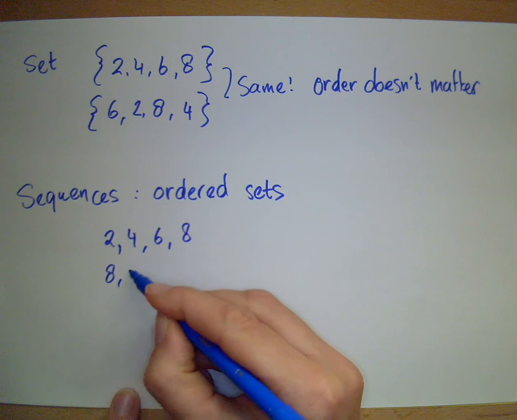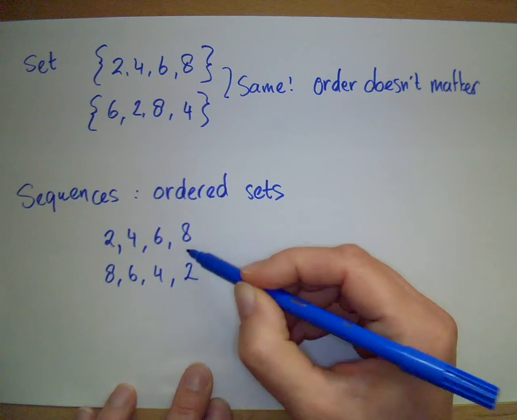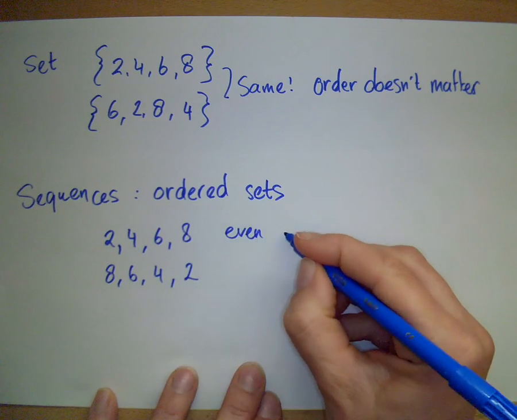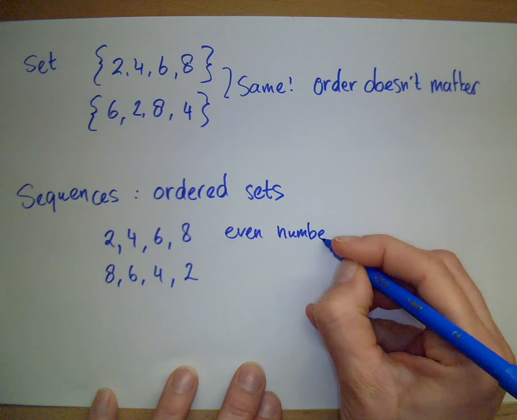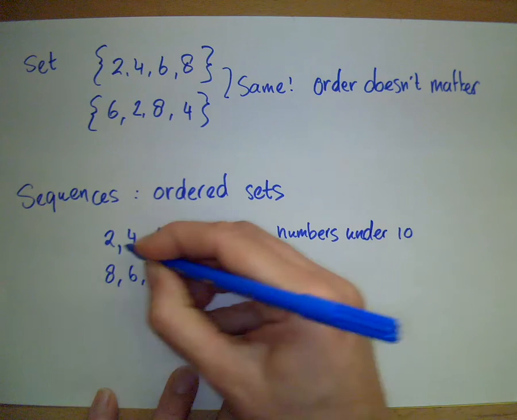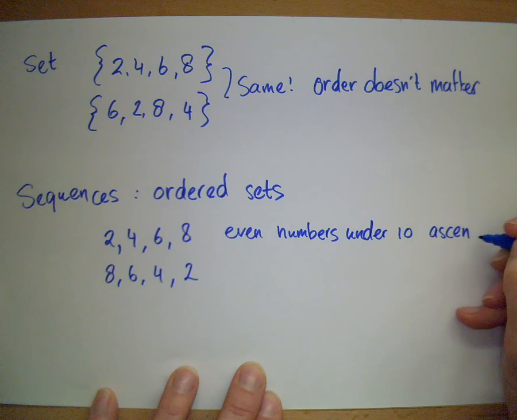This 8, 6, 4, 2, these are two different sequences because this is the even numbers under 10, ascending, going up from small to large.